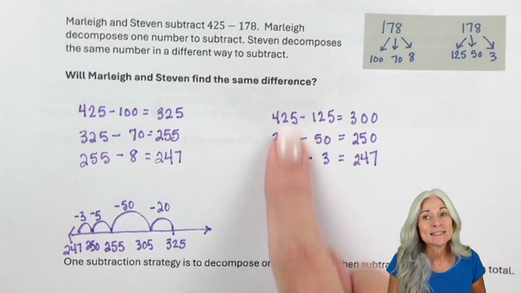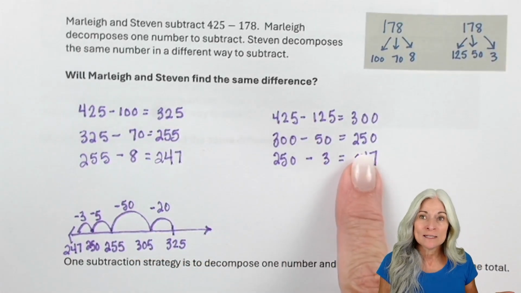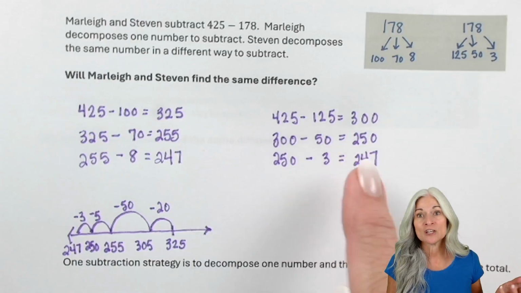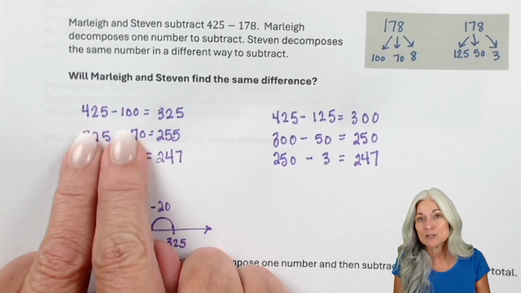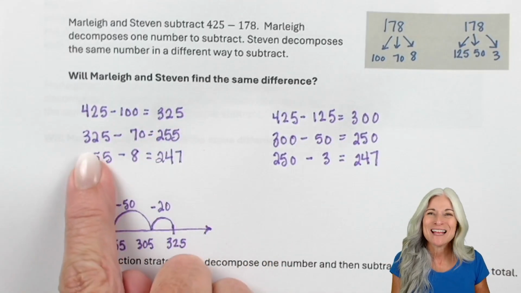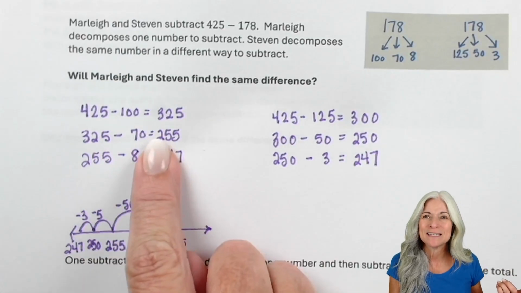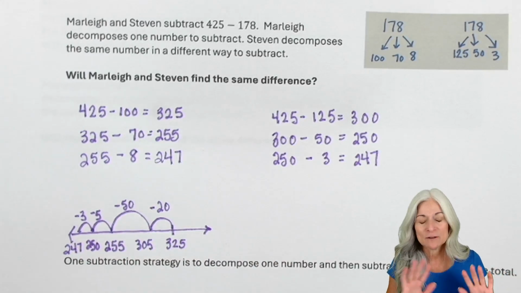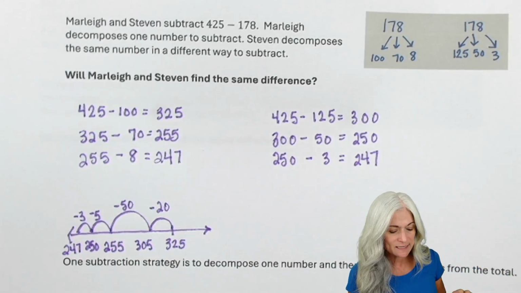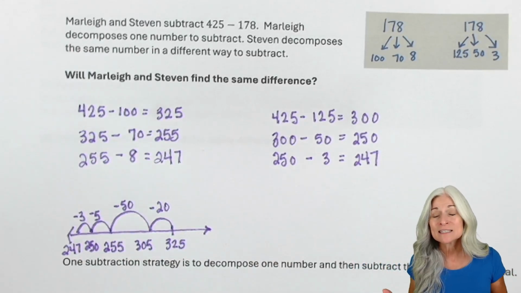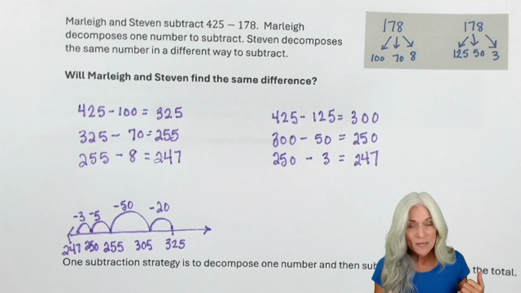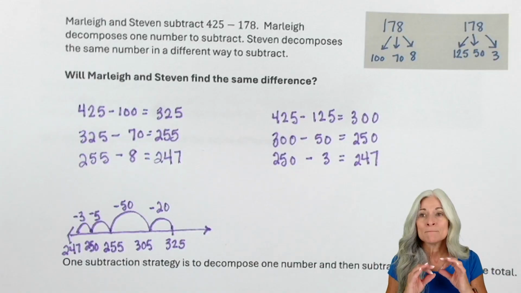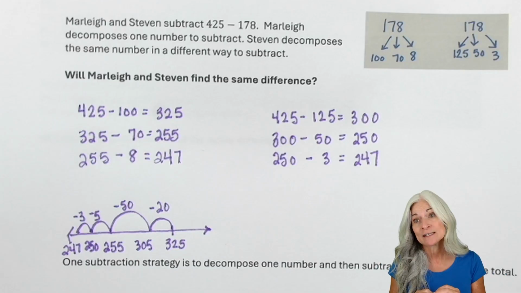So in this case, it looked like this strategy was a little bit more efficient than this strategy, because when you do it by place value, when we got here to 325 minus 70, students may need to stop and think about a number line. So again, we go into all that in the student version. So that's the goal, is we're wanting them to look for those most efficient strategies for finding the difference.